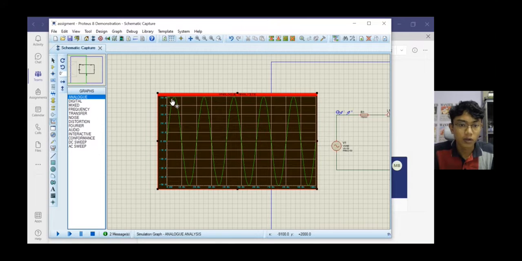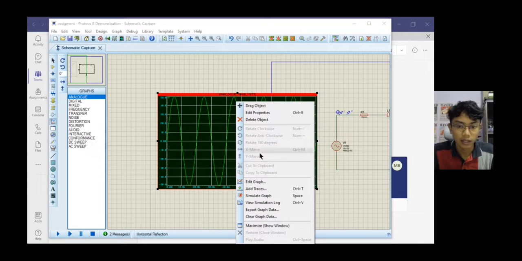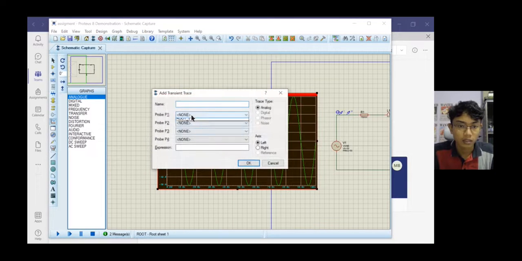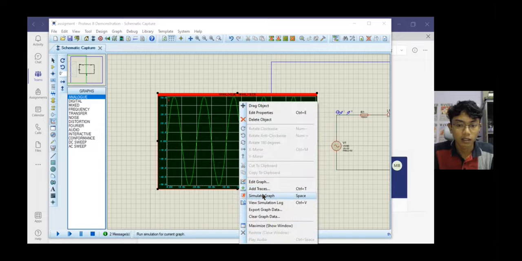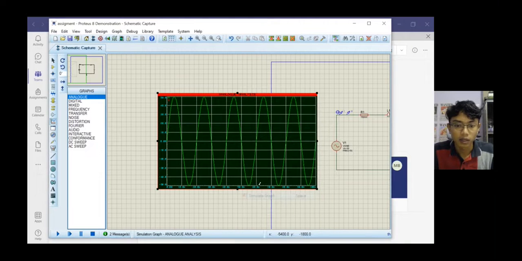So this is for voltage. As we can see, the voltage peak is 50. Alright, then we go to trace, probe 1, and we add a root I. I is for current. Press OK, then same goes to simulate graph. So okay, and we get a graph for current.